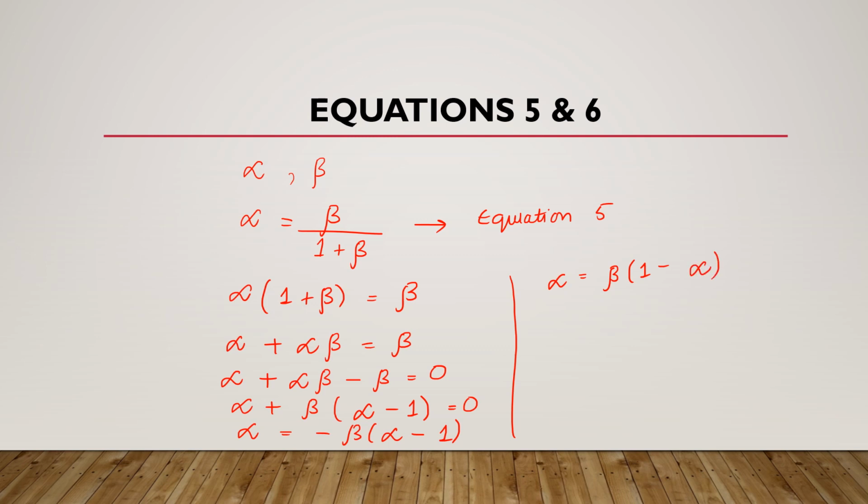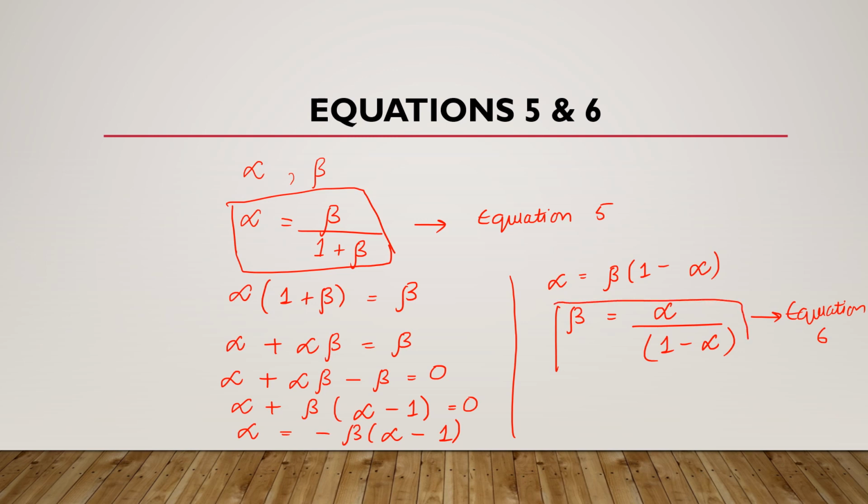It means here this beta is equal to alpha divided by 1 minus alpha. So this is equation 6. These equations are showing the relationship between alpha and beta.